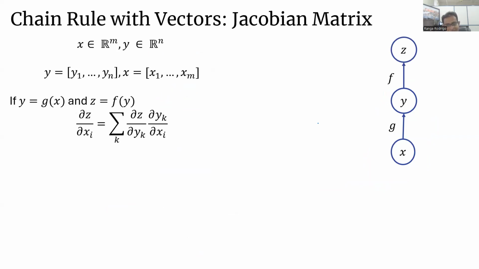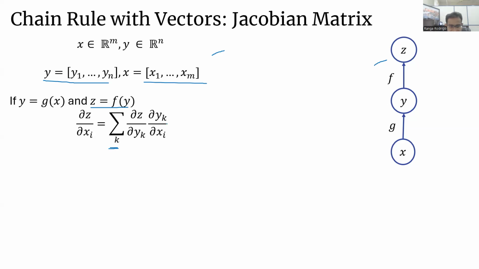Okay. Next, the chain rule with vectors, the Jacobian matrix. All right. Now you can see y is y1 to yn, x is x1 to xm. Then finally you have z. Z is f(y). So you can see you have to add over the y's.